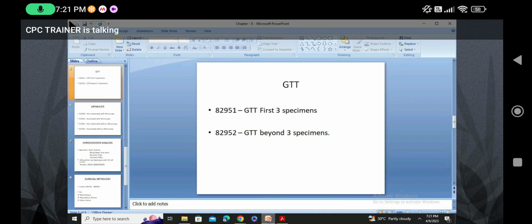Based on the specimens only, we have the codes. 82951 is for the first 3 specimens, and 82952 is for beyond 3 specimens.